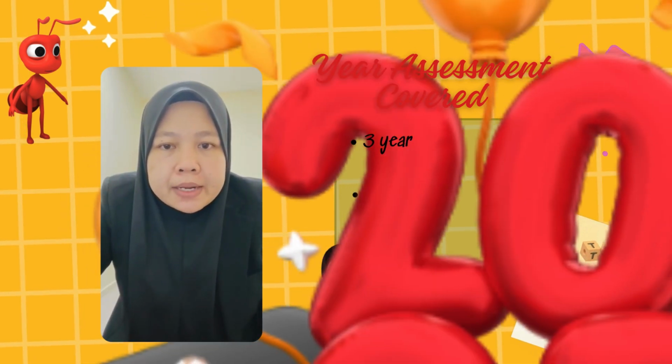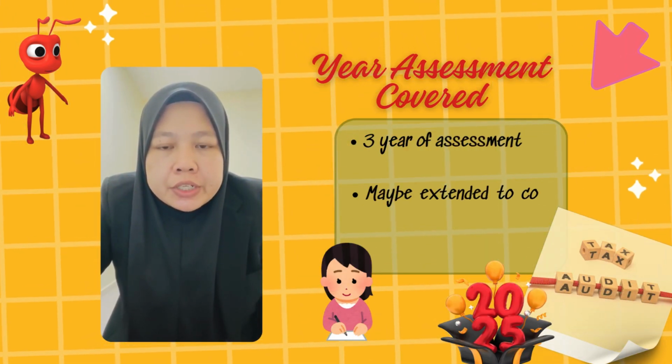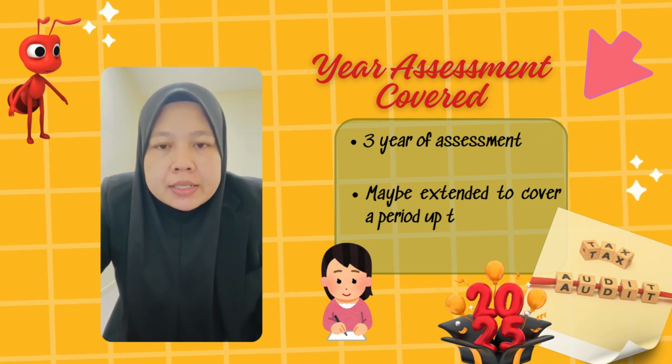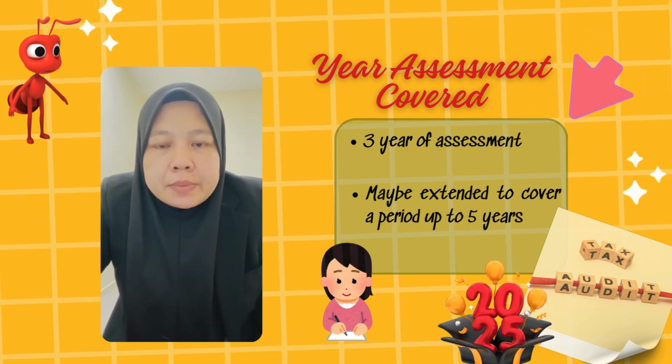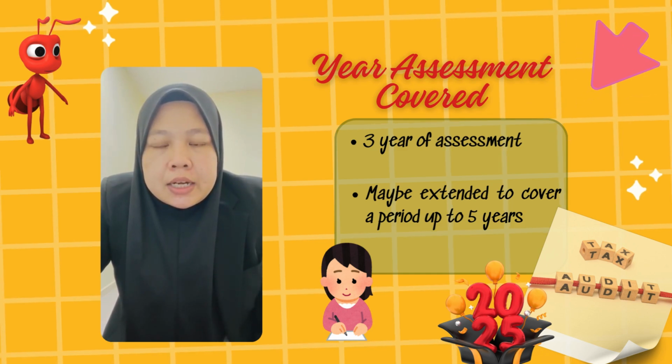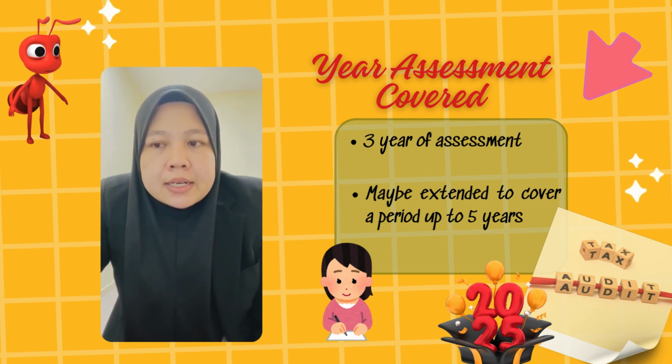The last part of the introduction: the years of assessment covered. Generally, a tax audit covers a period of 3 years of assessment determined in accordance with the audit focus criteria of the department.